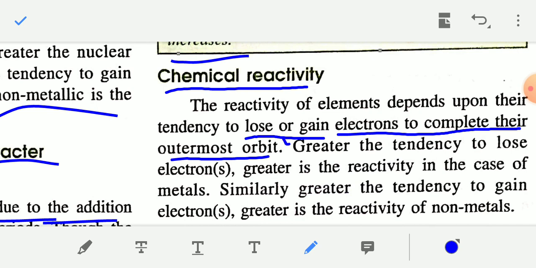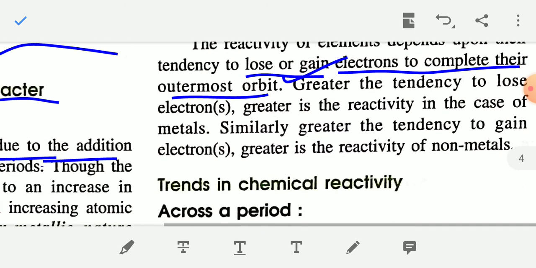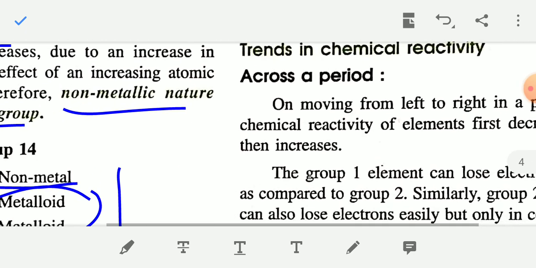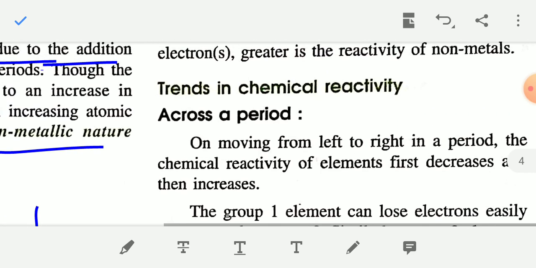Greater the tendency to lose electrons, greater is the reactivity in the case of metals. Similarly, greater the tendency to gain electrons, greater is the reactivity of non-metals. Now, trends in chemical reactivity across a period.